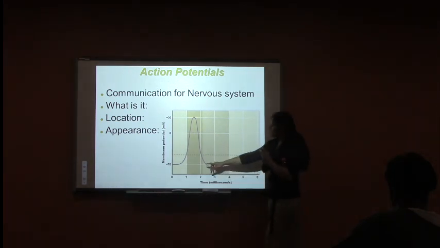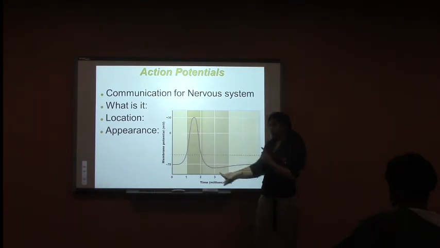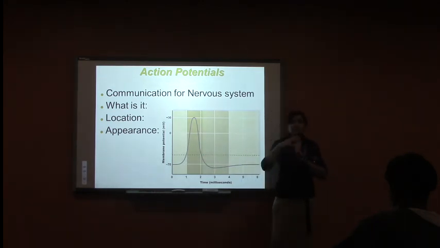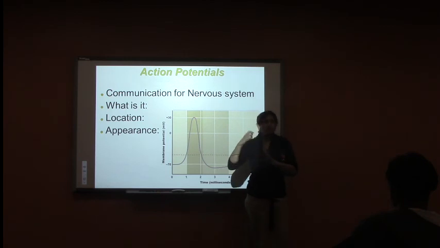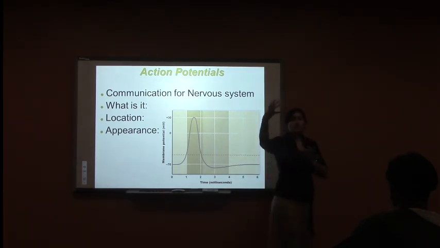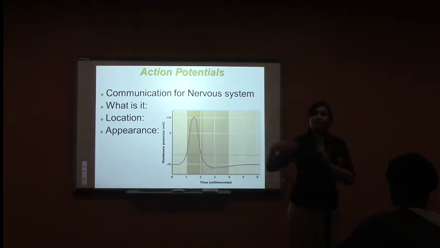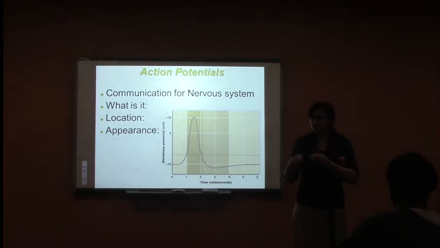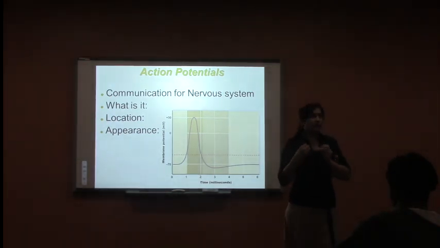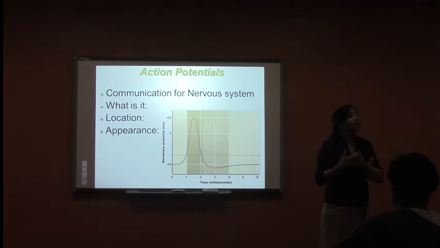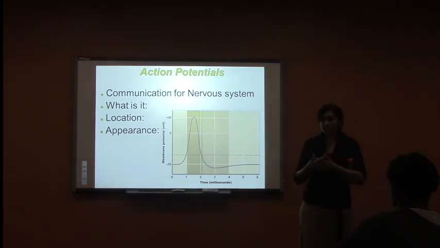So action potential is a wave-like appearance. Why is it wave-like? Because it tells you all of a sudden certain ions are entering, so the charge of the membrane becomes too positive or becomes negative. Action potential is just a wave-like appearance because there is rapid influx or rapid efflux of ions, and you're just measuring the conductivity.